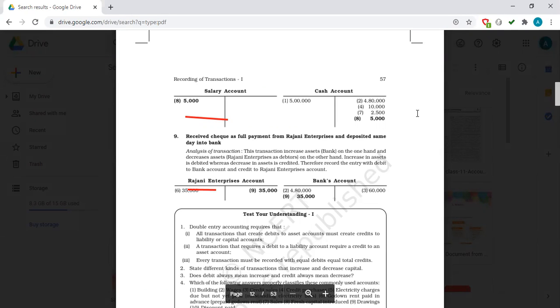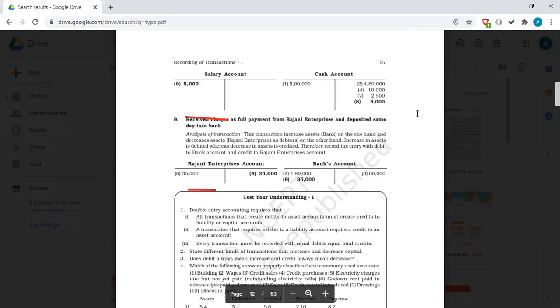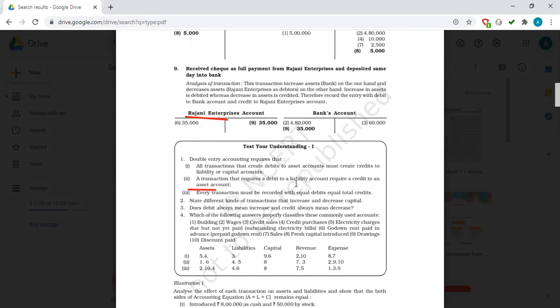So that goes to the credit side, 35,000. It means you can see Rajini's account becomes nil. She was going to give us 35,000, and now she has paid it. And in the bank account, here it is, 35,000.